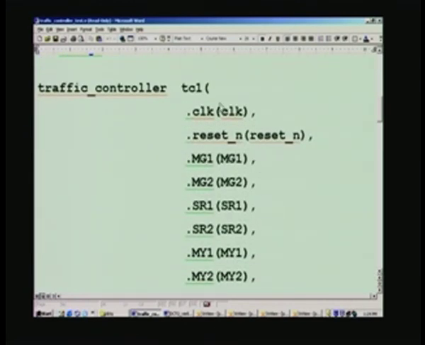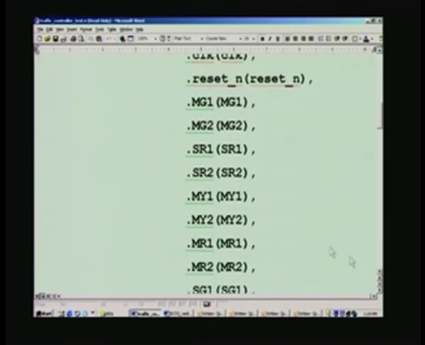And you need to declare ports by name, and these are all the inputs we have already seen, and these are all the output lamps, 16 in number here, starting with the main green, side red, and so on, Y for yellow.